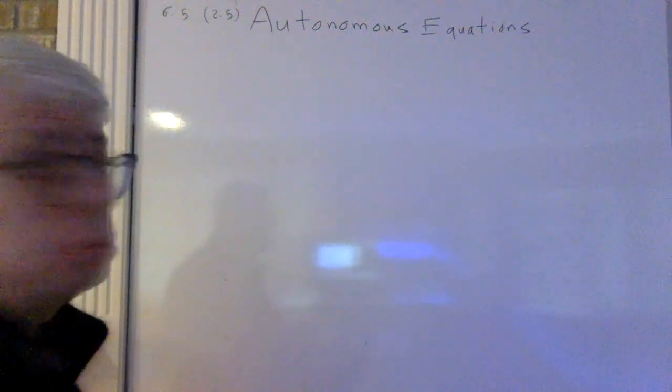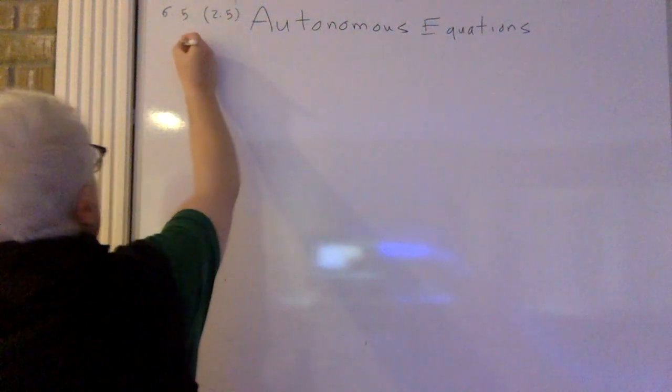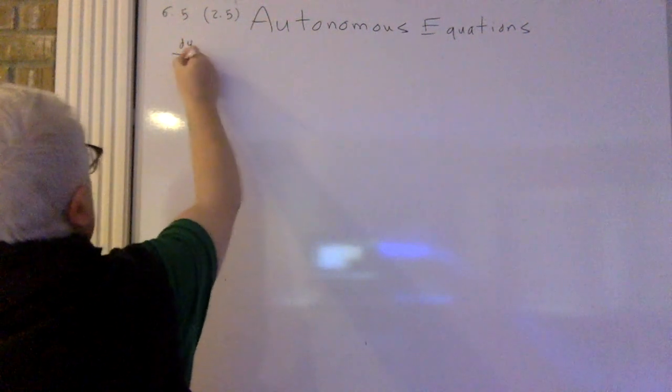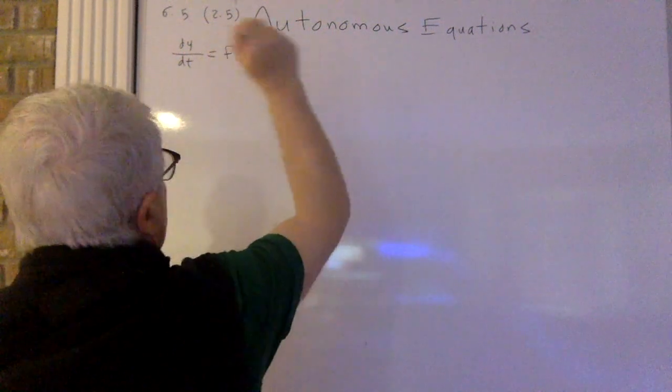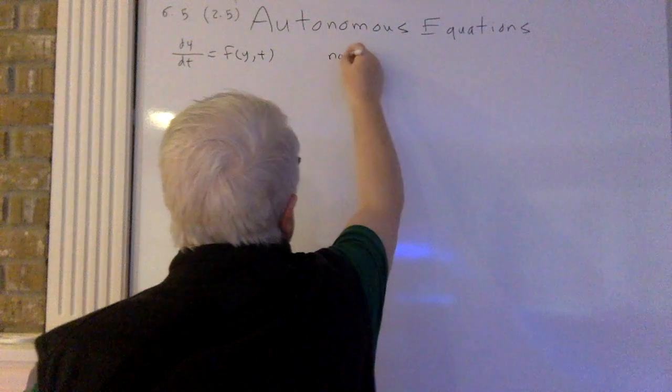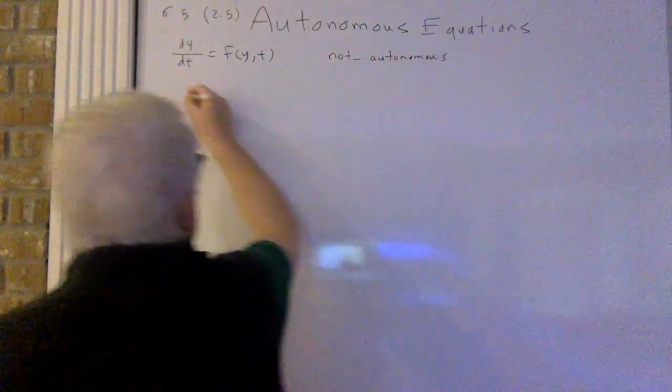Okay, autonomous equations, section 2.5: dy/dt = f(y, t). This is non-autonomous.